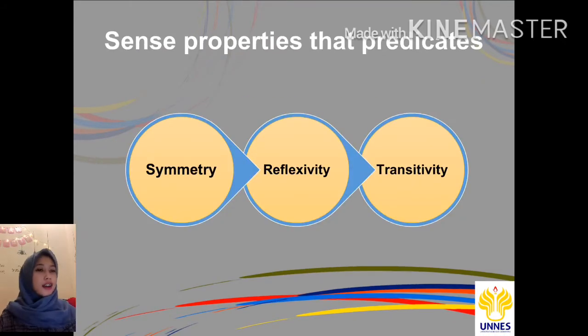Okay, the next slide says properties of predicates. The six properties are divided into three groups of two, which might come under the heading of symmetry, reflexivity, and transitivity.